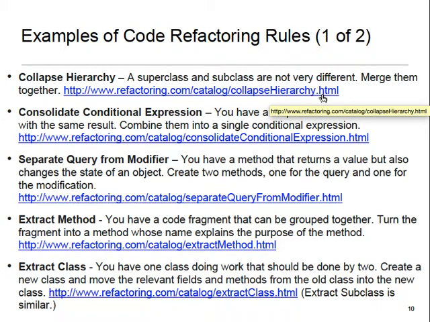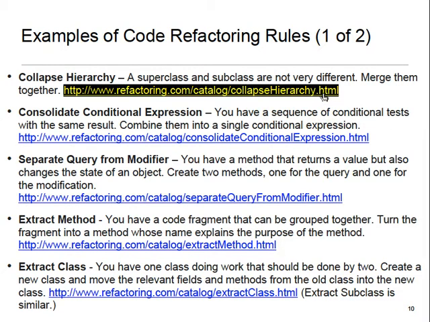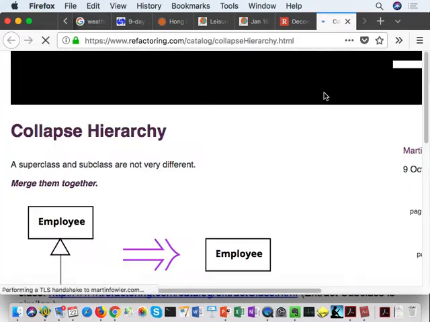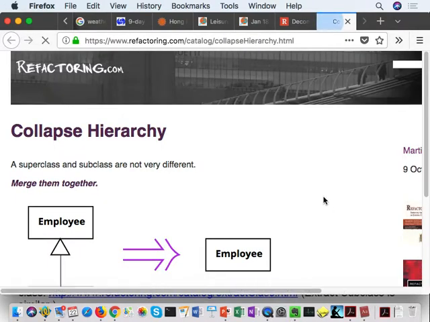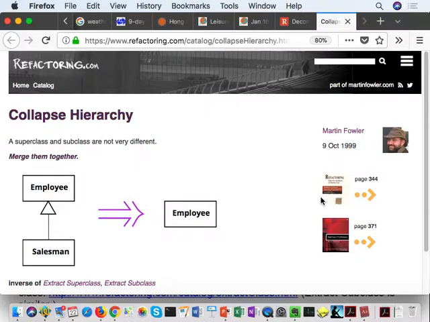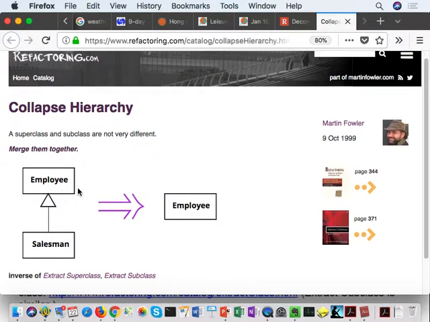So let's look at some code refactoring rules. Okay, this one is called collapse hierarchy.